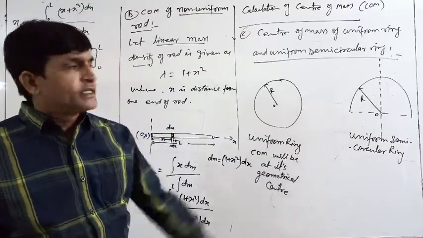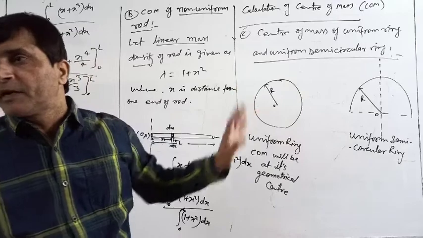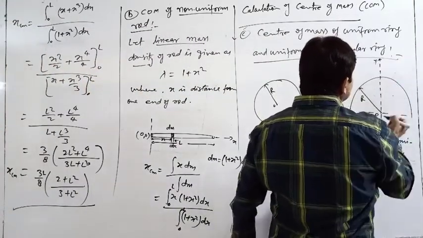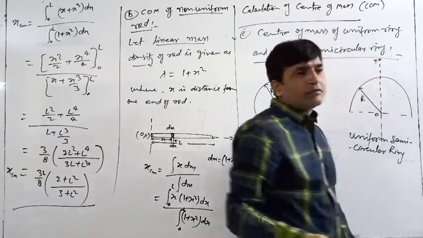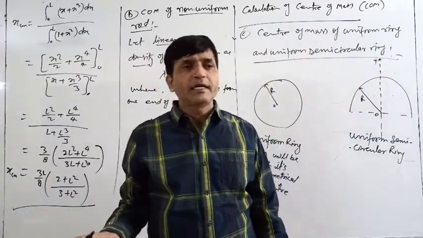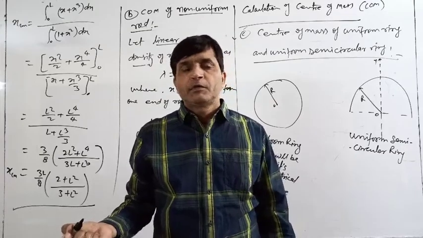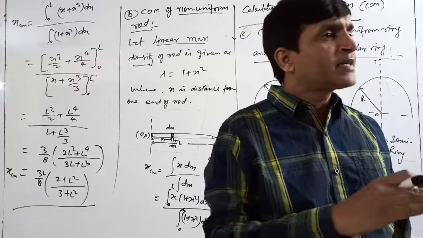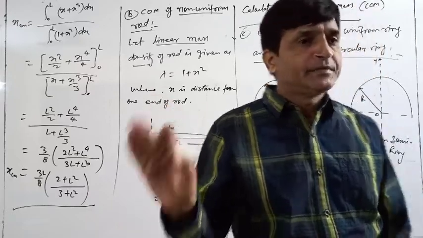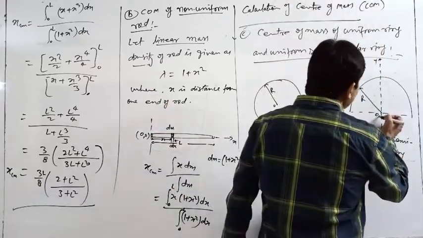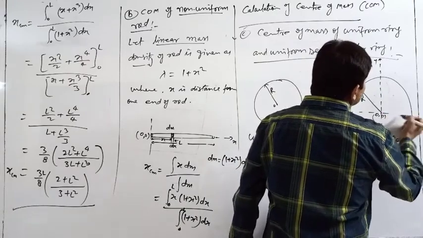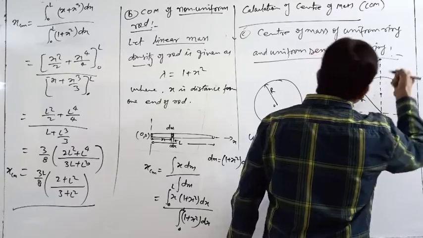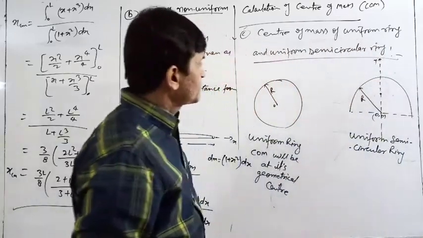We are taking the center as the reference point. Now, if this is your y-axis, which coordinate do we have to calculate? Only the y coordinate, because it will be only on the y-axis. No need to calculate x and z. So let this be your reference point, and we want only the y coordinate. Somewhere the center of mass may be there, that we will calculate.